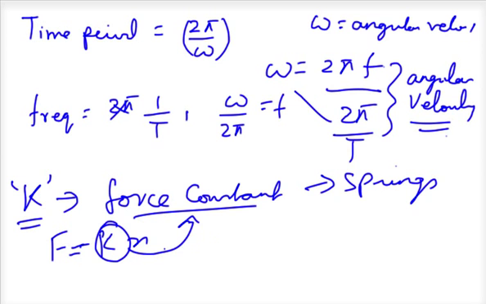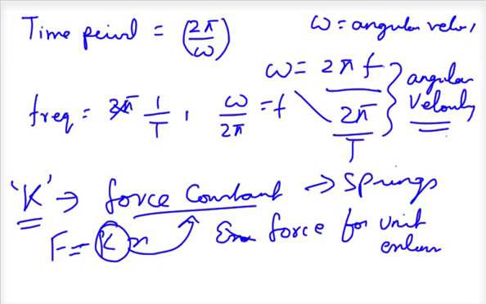In this case, it is the force required per unit extension, force for unit extension, but otherwise we will just call it a force constant. Okay, it's a constant that we are using.